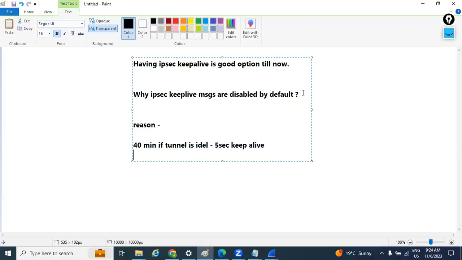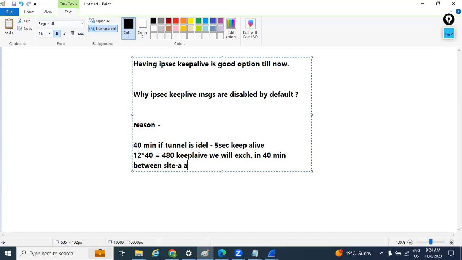So in a minute, you are sending 12 messages, and into 40, 480 keep alives we will exchange in 40 minutes between site A and site B, which is encrypted plus hash.